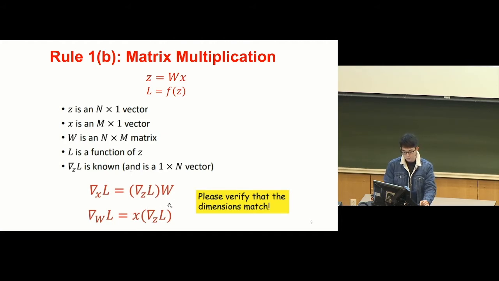And W itself is n cross m. So when they are multiplied together, it is 1 cross m, which is the same as the shape of the partial derivative of L to x, a row vector, 1 cross m. And for the derivative for W, it's the same, and you can check it.